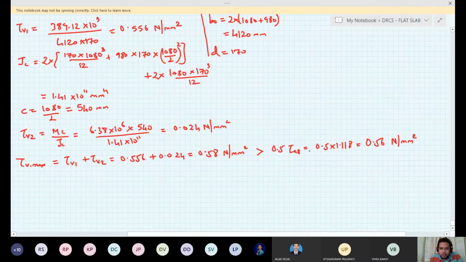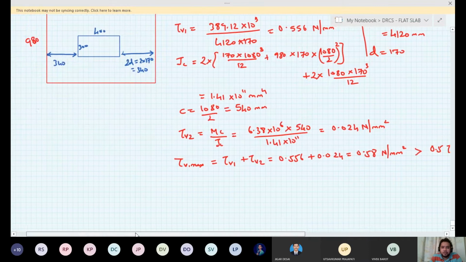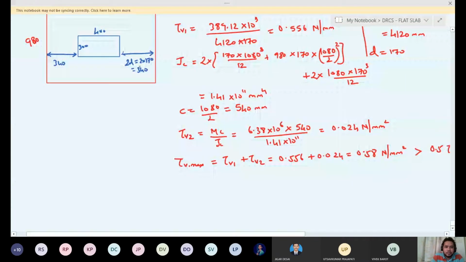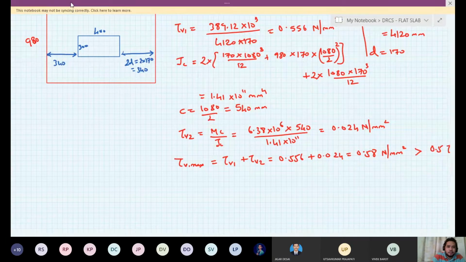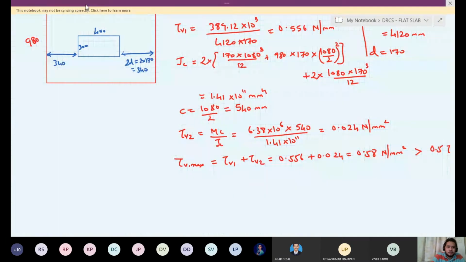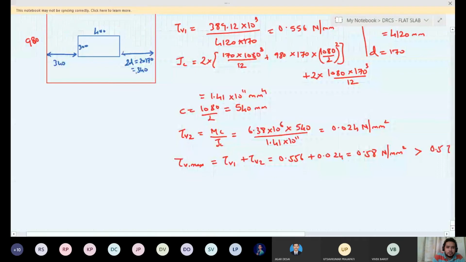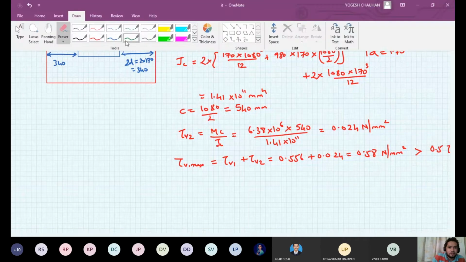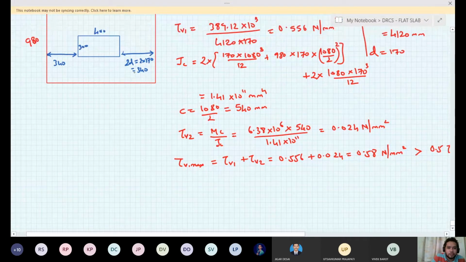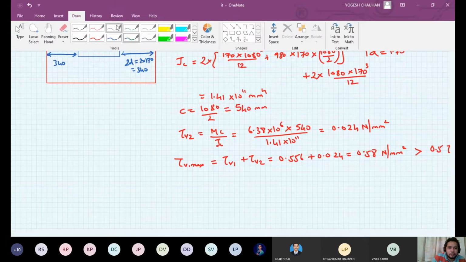But again it is exceeding. So what we have to do, here we have considered the distance as 340, so let us say 350. We are not going to calculate for 350, but we will say that at 350 it will be satisfied.